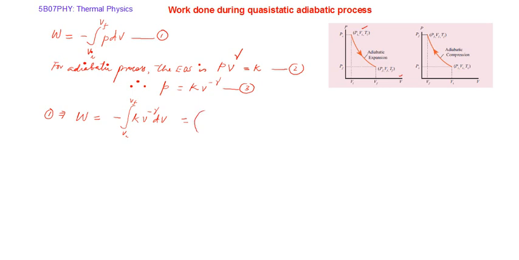So it is equal to K times, one of the simple integrals, x raised to n dx, which is x raised to n plus 1 by n plus 1. So it will be K into V raised to minus gamma plus 1, by minus gamma plus 1.